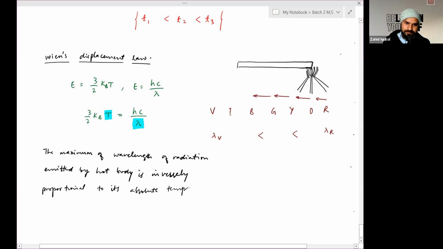It means lambda maximum is inversely proportional to temperature.